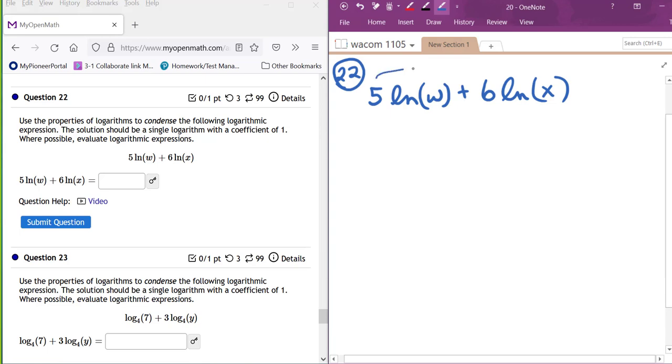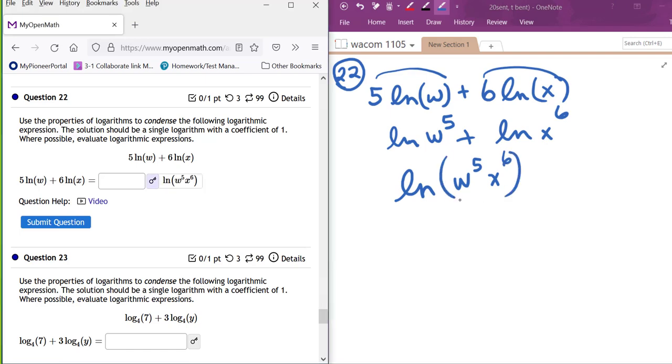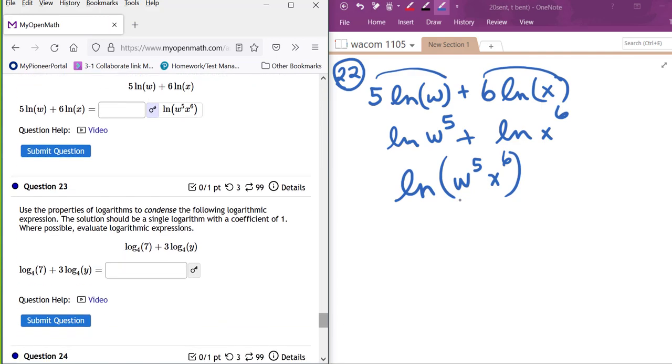So put the exponents back. And then write log 1 time will be w to the 5th, x to the 6th. And there we go. 23 I skipped.